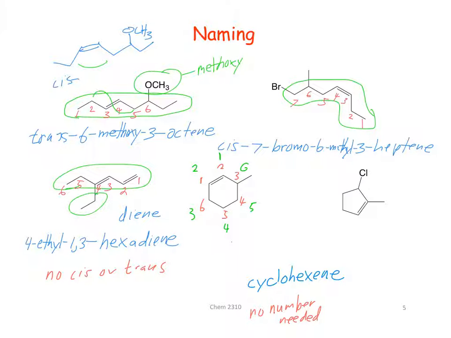Alright, so the double bond is in position 1 and 2 either way, right? So that's essentially a tie. So we're going to look at the substituent and we're going to give it the lowest possible number. So we're going to number it as in red, right? And so this would be a 3-methylcyclohexene.